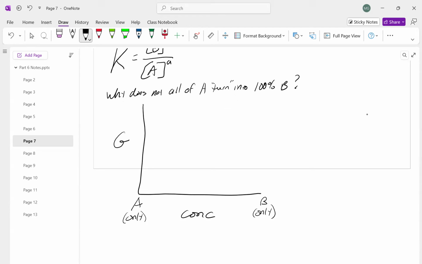Now, assuming this is a spontaneous process, we're going to start with all of A, and we're going to go down, and eventually we hit a minimum value of G. Now, I do want to point out that this process here is spontaneous.